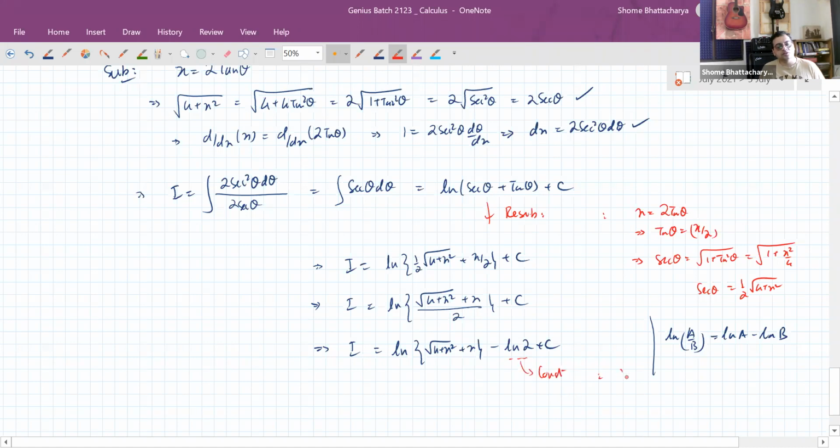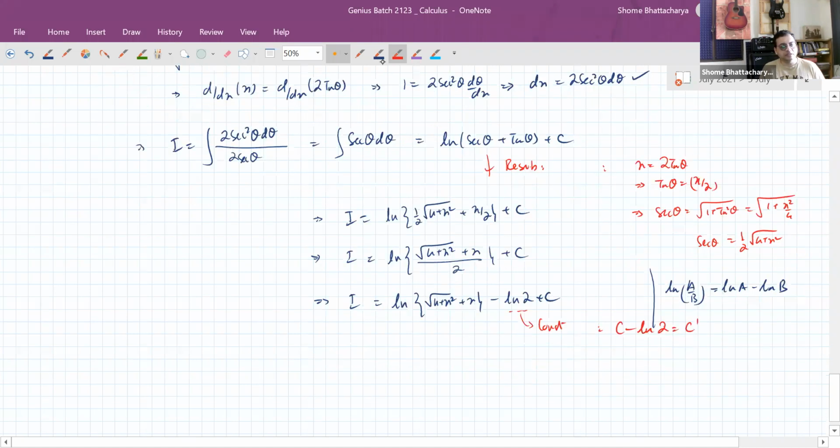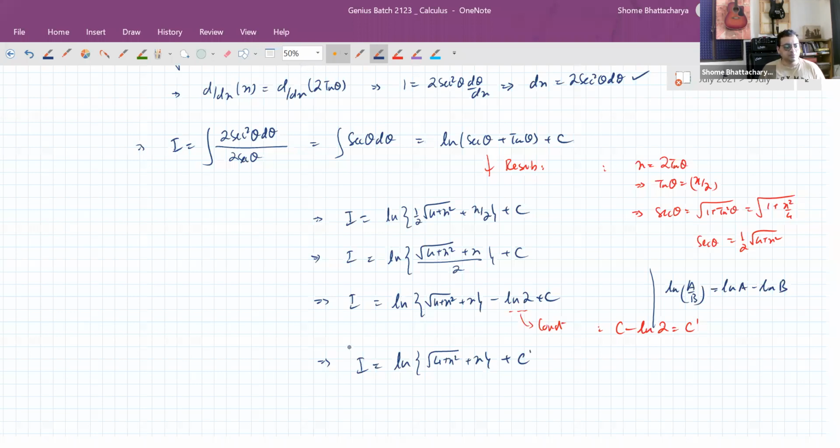So therefore c minus ln 2 is also basically a constant of integration. So ultimately we can express the indefinite integration as natural log of square root of 4 plus x square plus x plus a constant. It doesn't matter whether we write the constant as c prime or c. It is basically an indefinite constant. So it's a bit of a lengthy operation, but this is what we come up with finally.